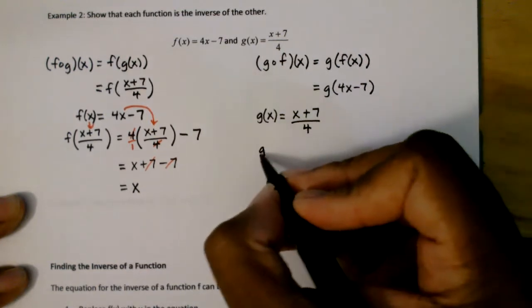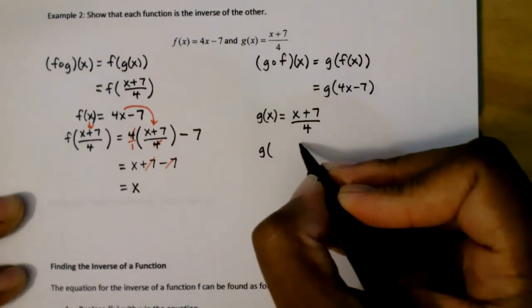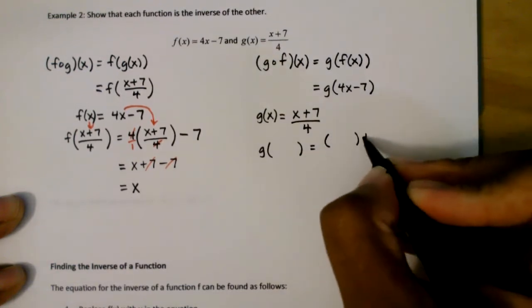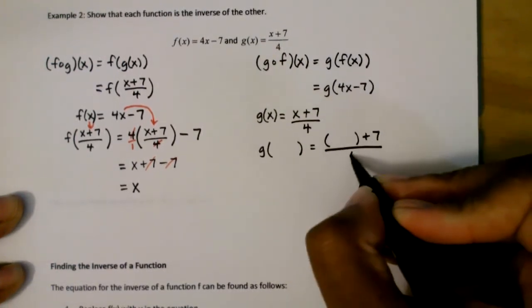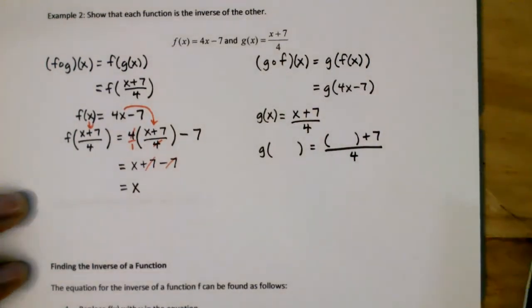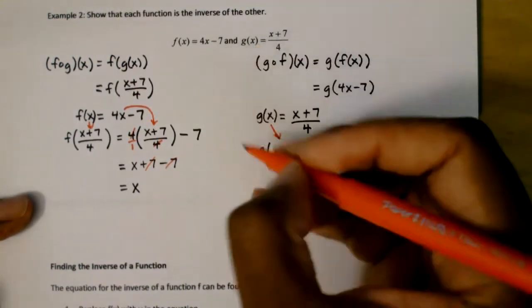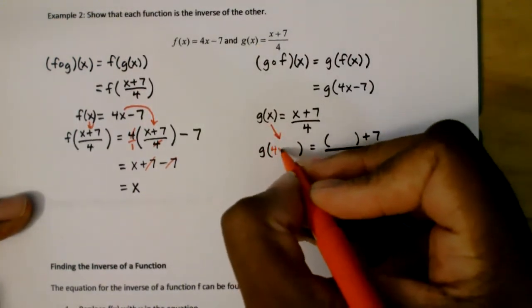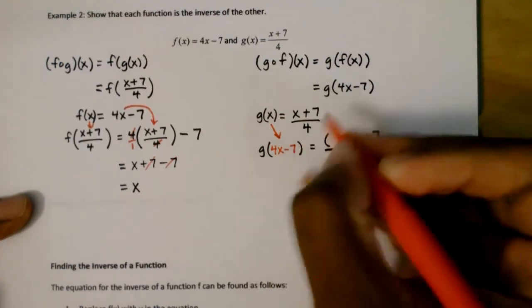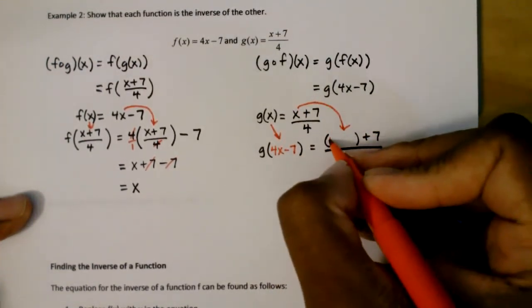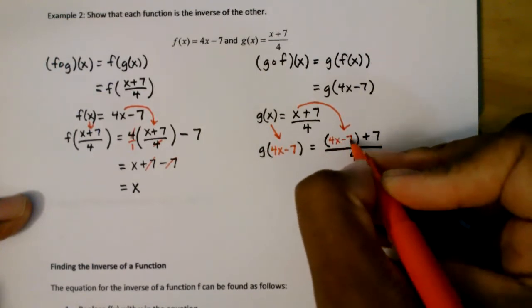So for every x in g of x, I'm going to substitute it with what f of x is equal to. And here, f of x is 4x minus 7. So this x will be substituted with 4x minus 7, because that's what f of x is. And in the x plus 7 over 4, that x will be substituted with 4x minus 7.